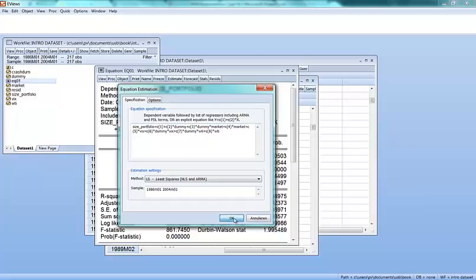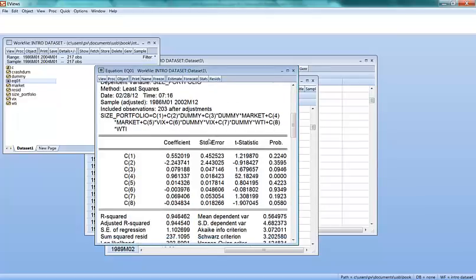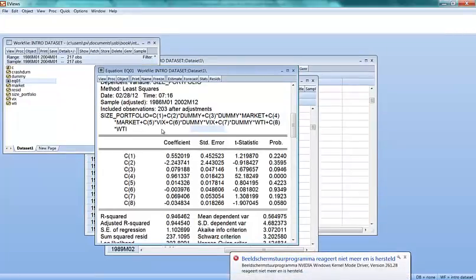Once we estimate this, we see that the equation is now quite a bit bigger, and we have now in total 4 coefficients to investigate. Those 4 together give us the difference in relation between a market that is relatively calm, low VIX, dummy 0, and a market that's relatively in turmoil, VIX above 30.